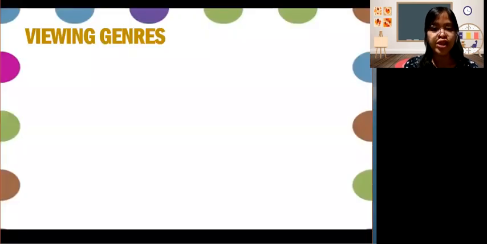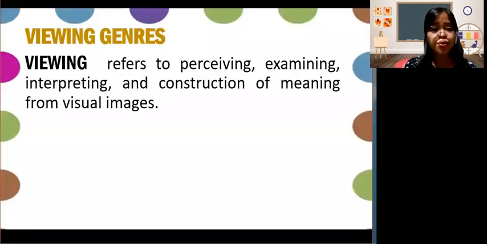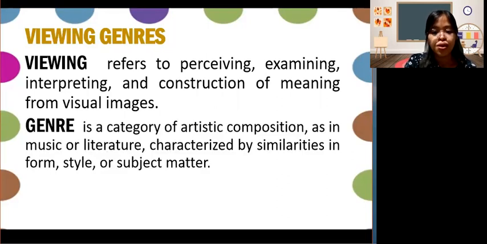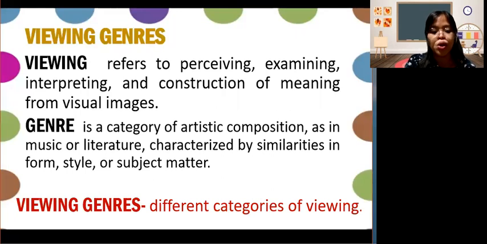Now we have viewing genres. This is also related to multimodal texts. Viewing refers to perceiving, examining, interpreting, and construction of meaning from visual images. The word genre is a category of artistic composition as in music or literature characterized by similarities in form, style, and subject matter.